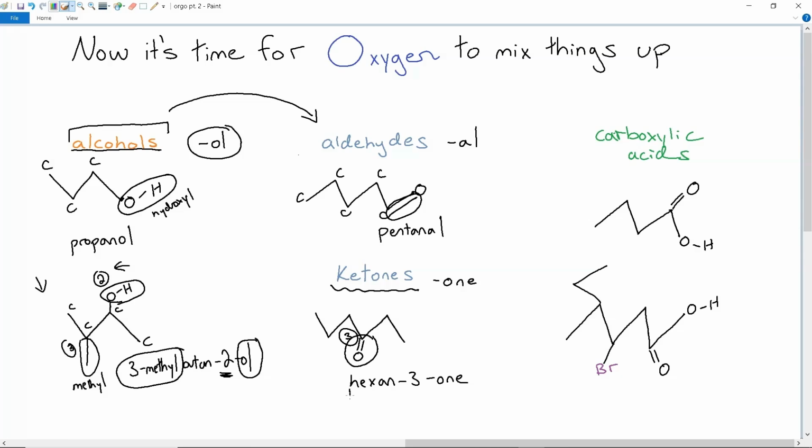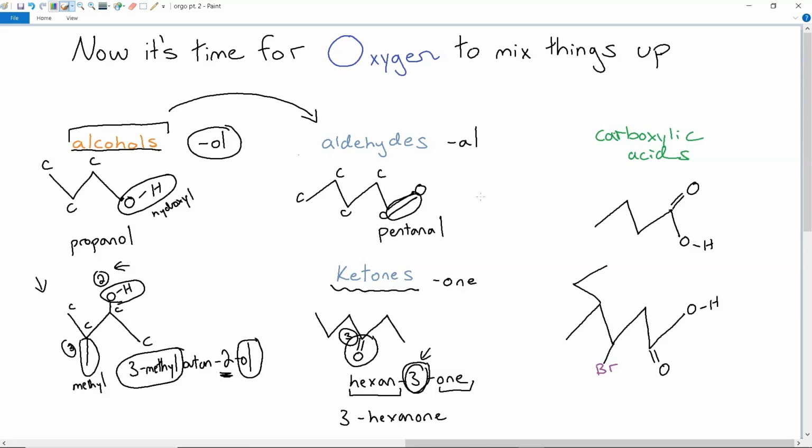So we're saying hexan for hexane because we have a 6-carbon chain, and then we're specifying where our double bonded oxygen is. As I mentioned in the first video, it is common to see the numbering for the main oxygen group that we're dealing with at the beginning of the name. So you could see it written like this, 3-hexanone. However, I personally prefer to put the number right before the suffix, just to show that they are directly connected.